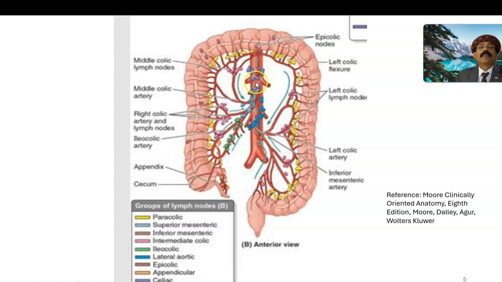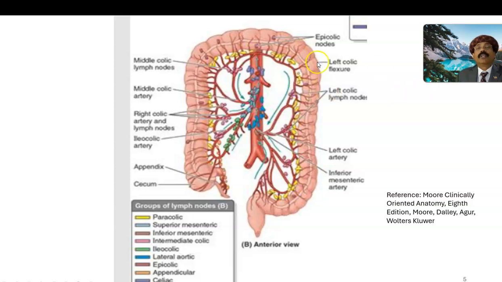Then the middle colic artery supplies the transverse colon, and again it goes to the superior mesenteric lymph node.